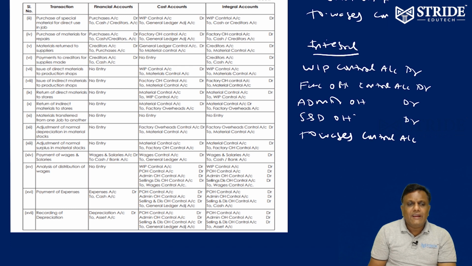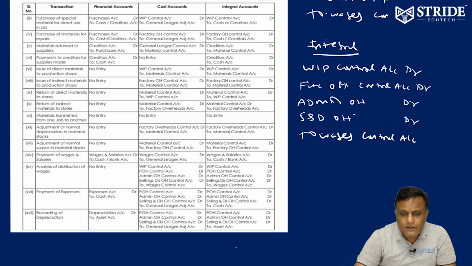So this is the entry in integral books, right. Now the wages are allocated. Number 15 is over. Next number 16.